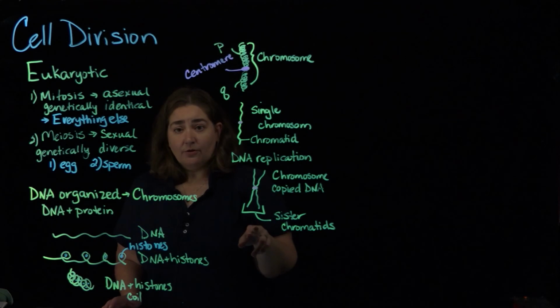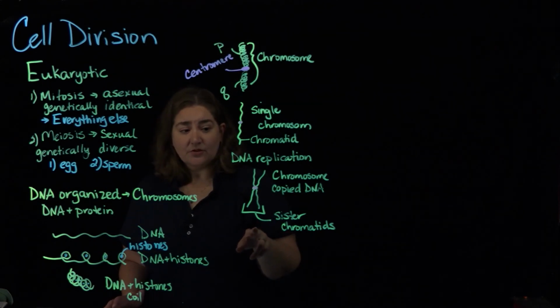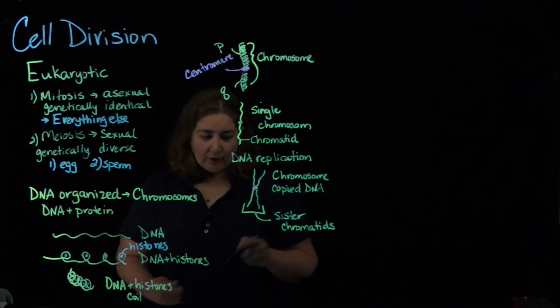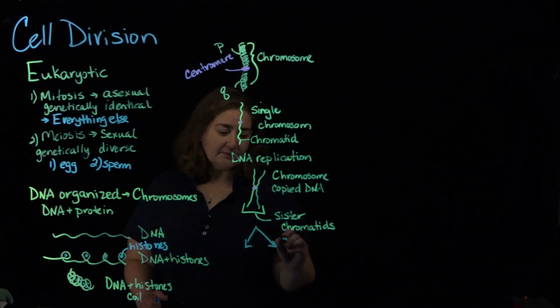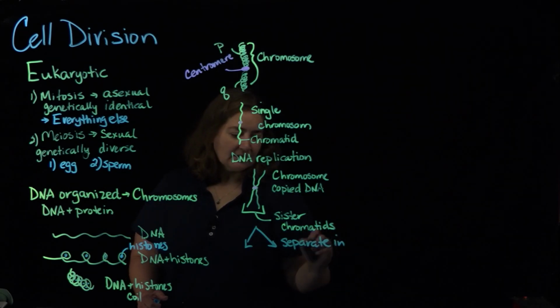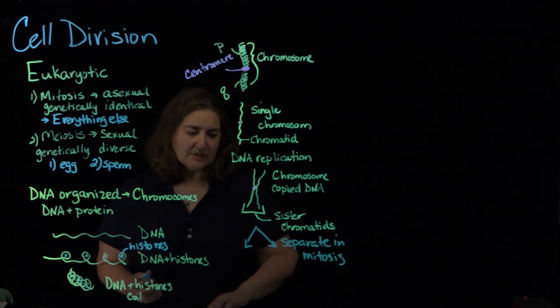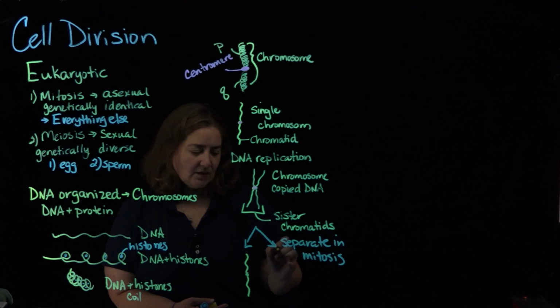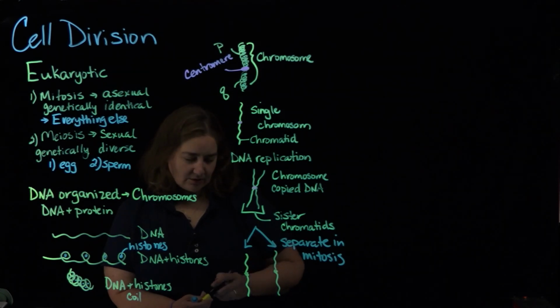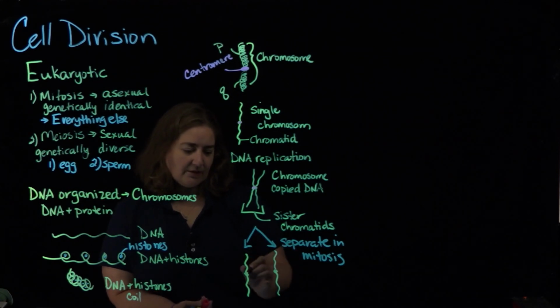When we undergo cell division, when we undergo mitosis, those sister chromatids will separate. You're going to have one chromatid go to one daughter cell, one chromatid go to the other daughter cell.